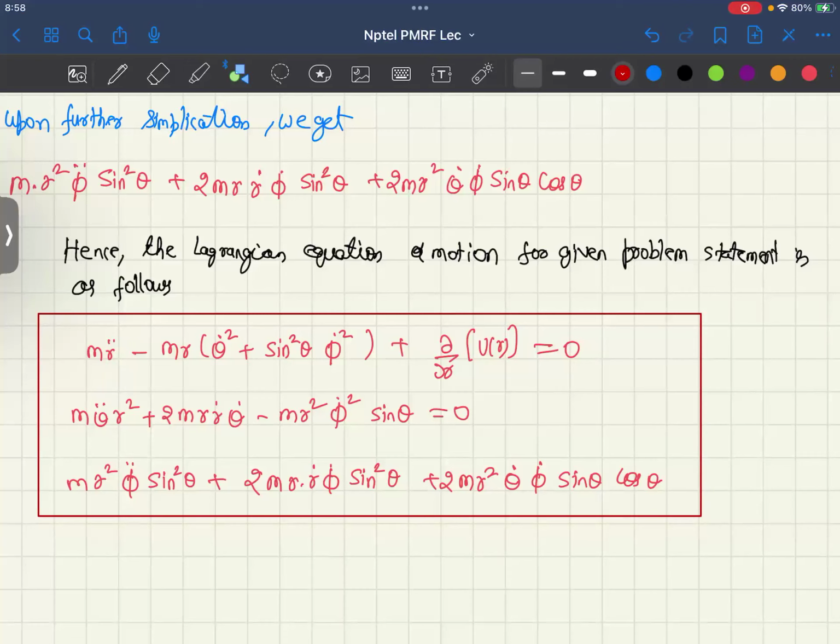Then at the end, we solved one question based on the equation of motion using the Lagrangian as well as Hamiltonian ways of doing things, right? Lagrangian and Hamiltonian ways.